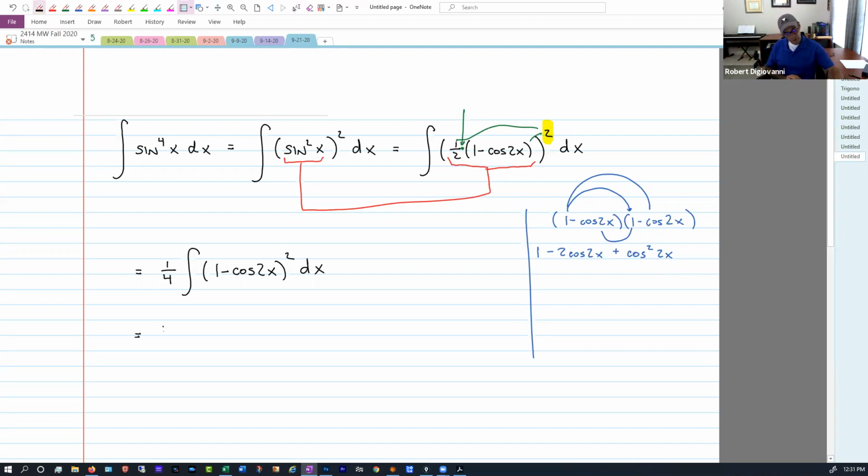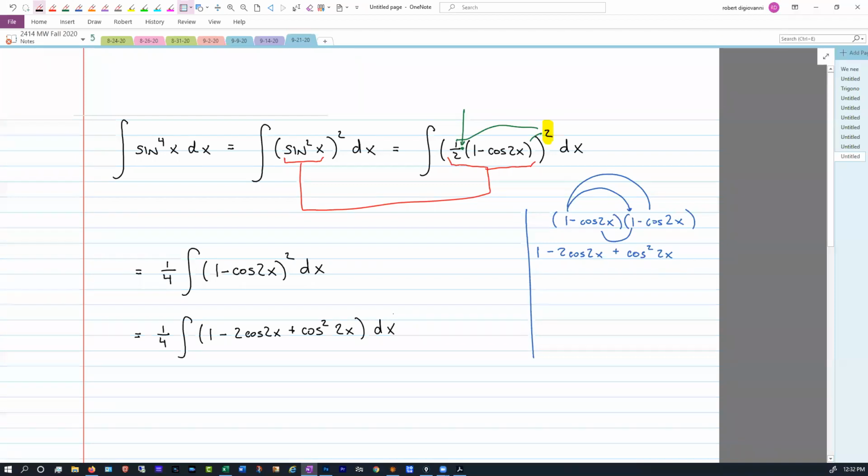So this now becomes 1/4 integral 1 minus 2 cosine 2x plus cosine squared 2x dx. Are there any questions on where I got any of that? No. We're good?